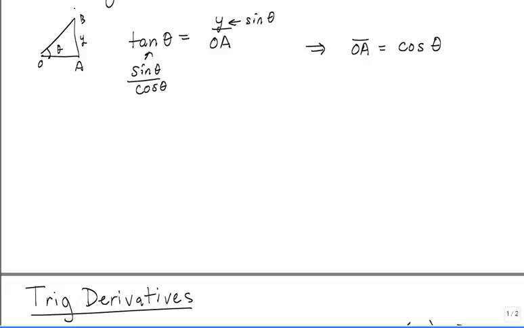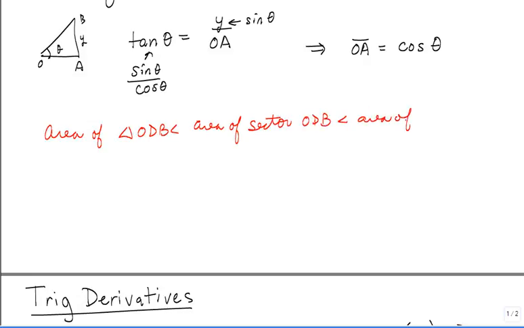Okay, so let's see what we have so far. We have the area of triangle ODB is less than the area of the sector ODB, which is less than the area of triangle ODC. And this was 1/2 sine theta, this is 1/2 theta, and this is 1/2... let's see.